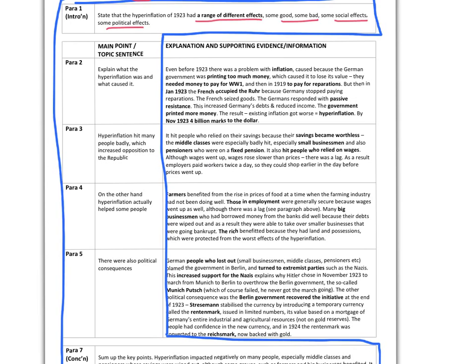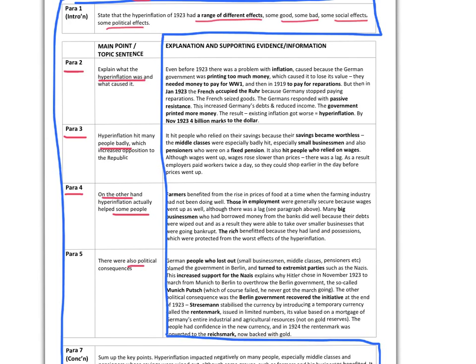Okay, so you then get into the key points that you want to put across. Just pull back a little bit so you can see there are 4 key points. Just get a sense of what those key points are. In paragraph 2, the first key point is you're defining what the hyperinflation was. Secondly, in the next paragraph you're focusing on the negative impact, the way it hit people badly, and then in the third paragraph you're balancing it on the other hand by saying that some people actually benefited.